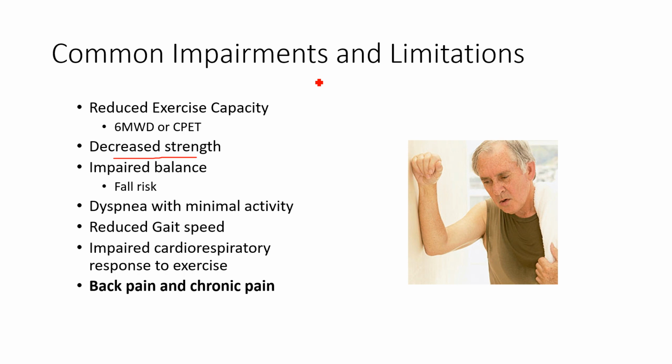We see reduced ventilatory efficiency, so they require a lot more breaths per minute to move out the same amount of CO2 or take in the same amount of oxygen, which makes exercise very inefficient. We also see a higher rate of back pain and chronic pain in patients with COPD. Some of that's probably due to inflammatory changes, which impair their ability to down-regulate pain. We also see protraction of the respiratory center, which we think is connected to pain.